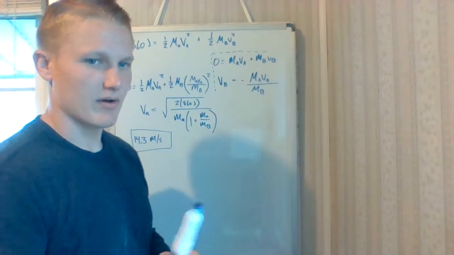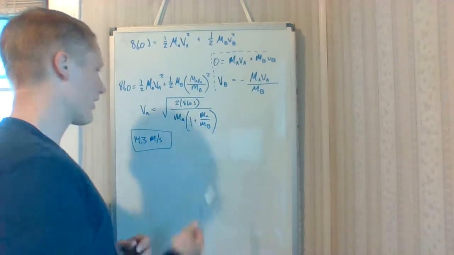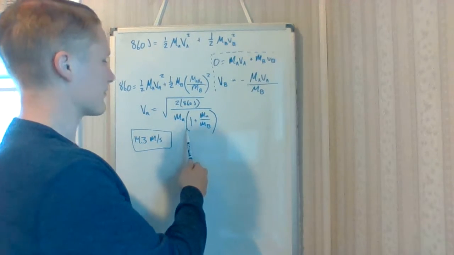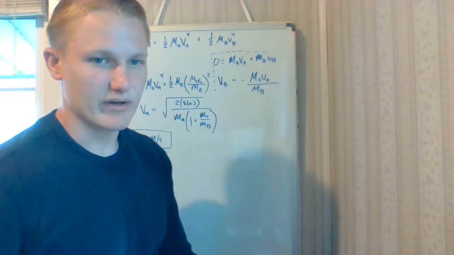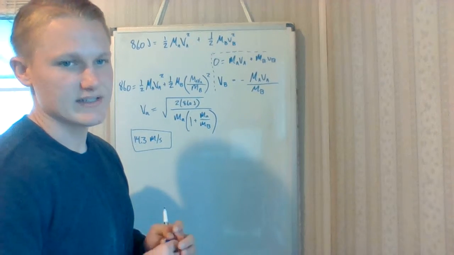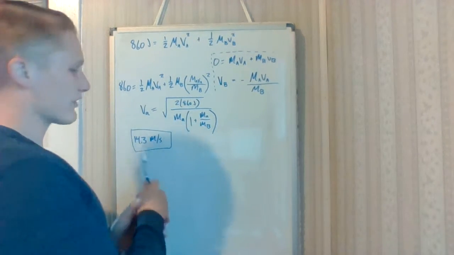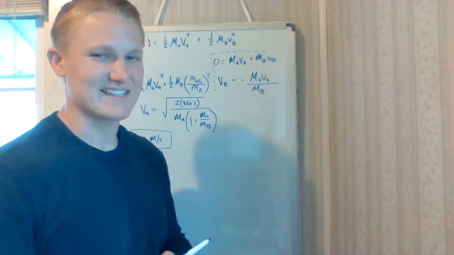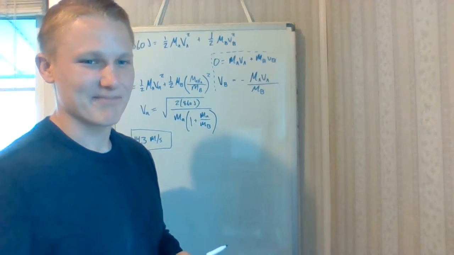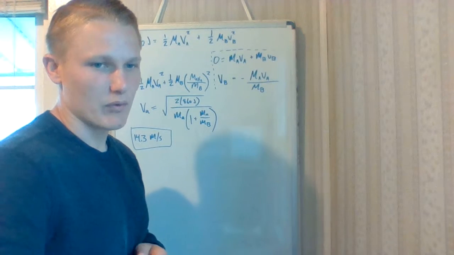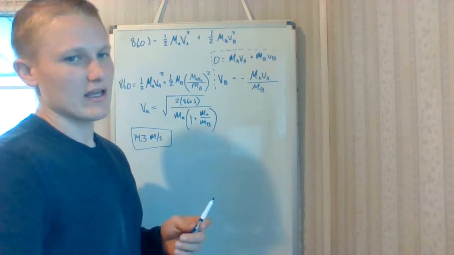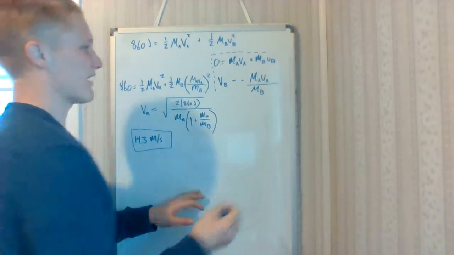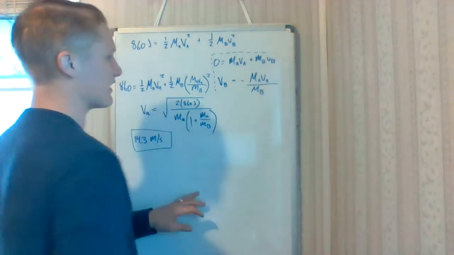And just a little recap on the values I plugged in. For MA, that's your larger mass, the 1.4 kilogram. Then MB is the 0.28 kilogram mass. So this 14.3 is the speed of the larger mass, the 1.4 kilogram. Now I can do the same thing for VB. We use this equation for VB here. So we have MA, we have VA, we have MB.